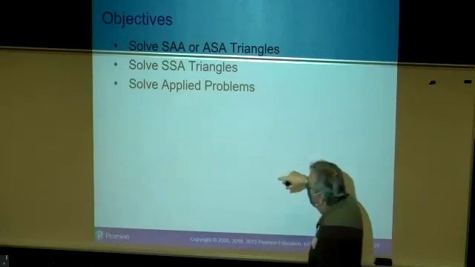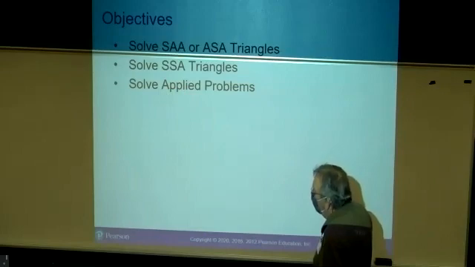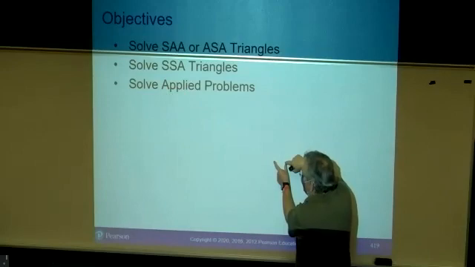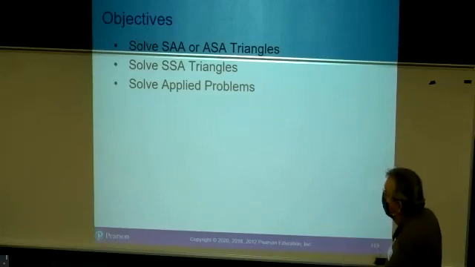And then side, side, angle: you have two sides, and the angle comes off one of them, not both. So you know this side, but you don't know the other side. We'll look at those more closely.